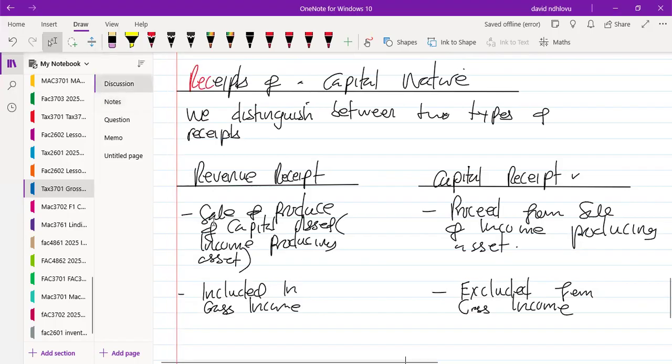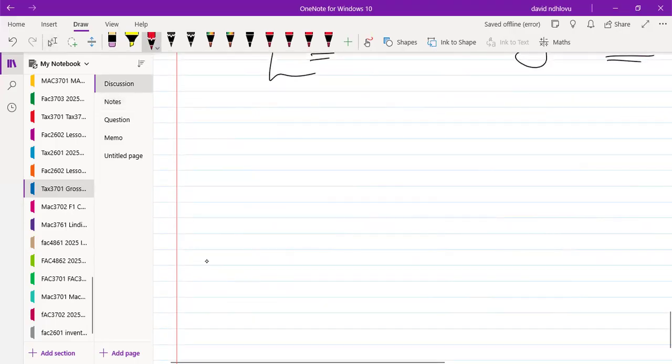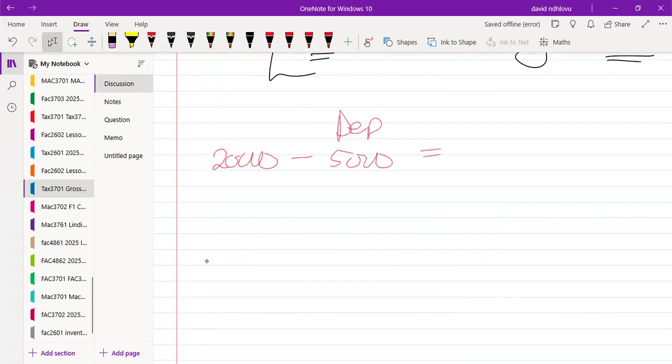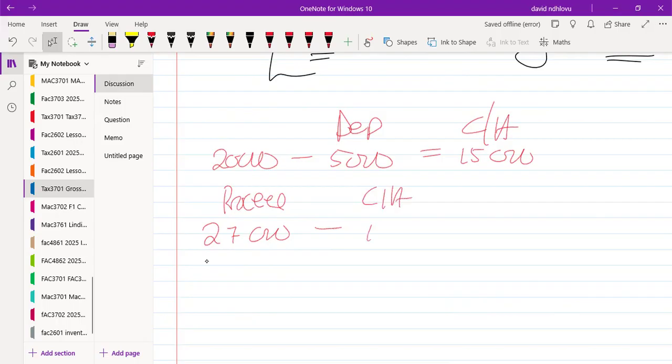If I've got an asset, I bought the asset for 20,000. I have since depreciated by 5,000. I am left with 15,000. This is the carrying amount. I then sell it for 27,000. This is proceeds. In accounting, minus the carrying amount, which is 15,000, then I'll get my amount here. 27 minus 15, I'll get 12,000.